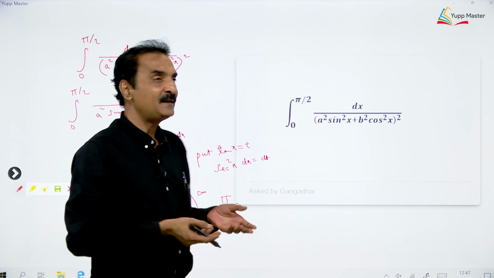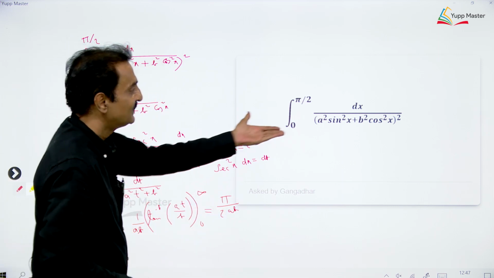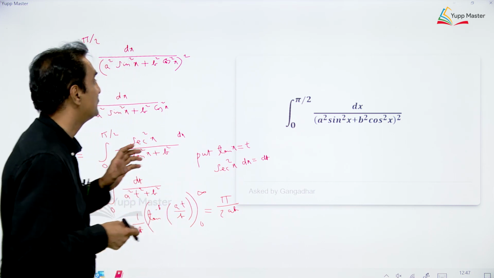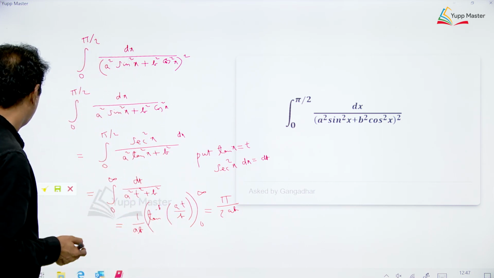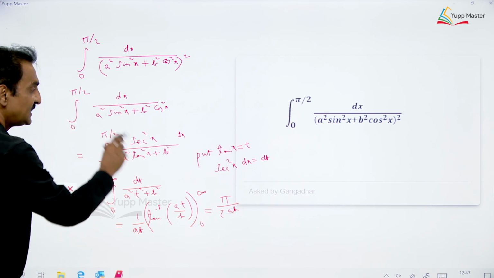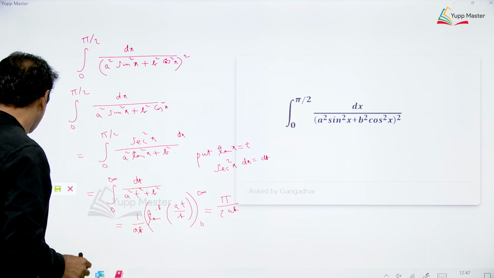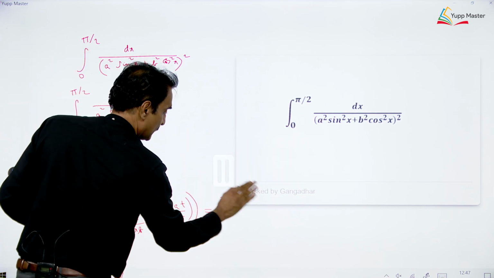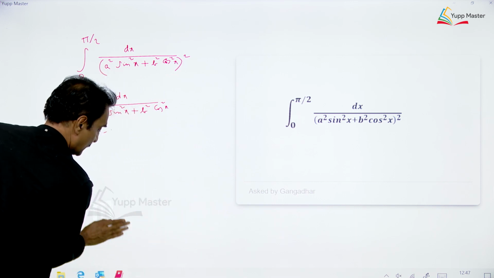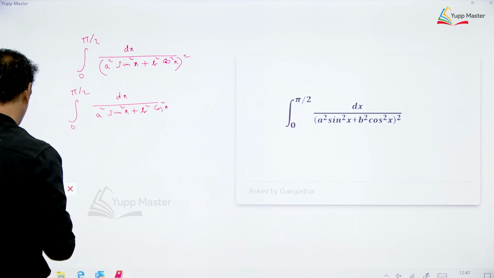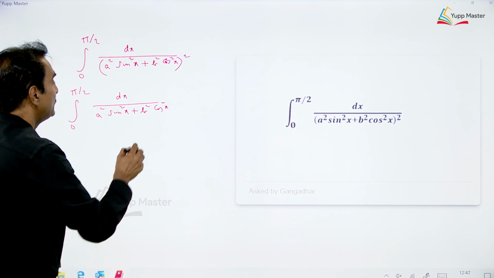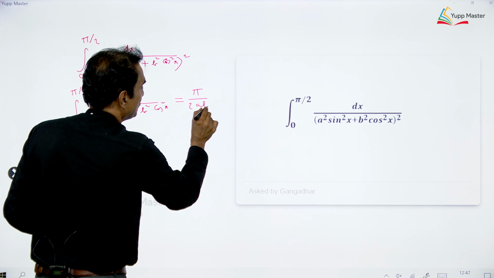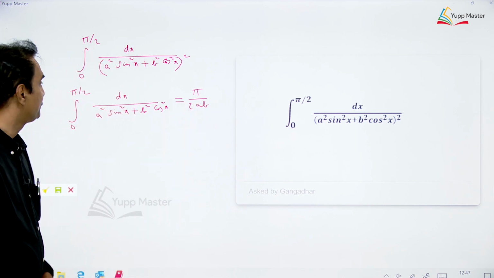You must be wondering why sir is solving this. The question is actually with whole square. Now see the magic. What we have proved is this integral is pi by 2ab.